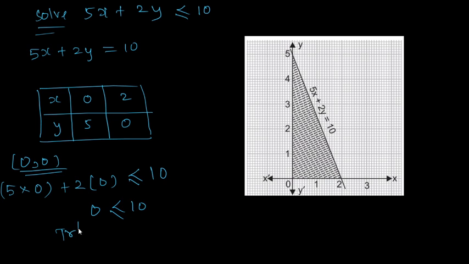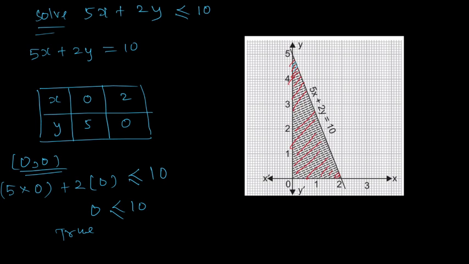That is true. It means you can show the half plane towards the origin. So you can shade in this way. Are you able to understand? Let me use the red one. Towards the red, you have to shade like this.